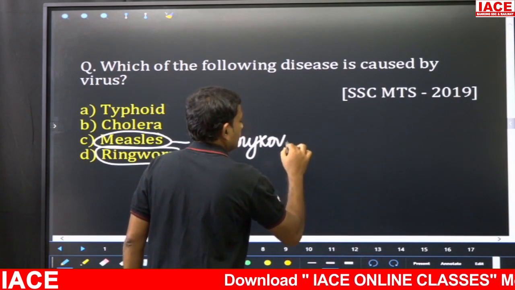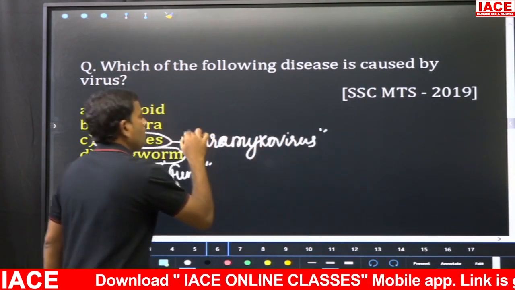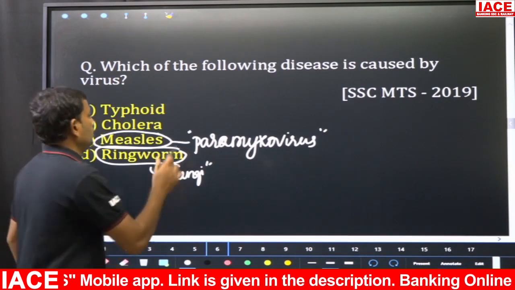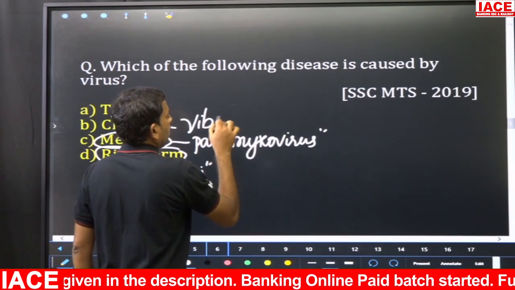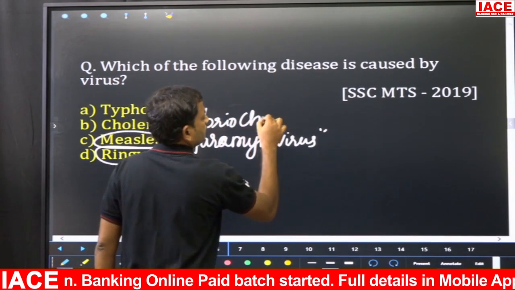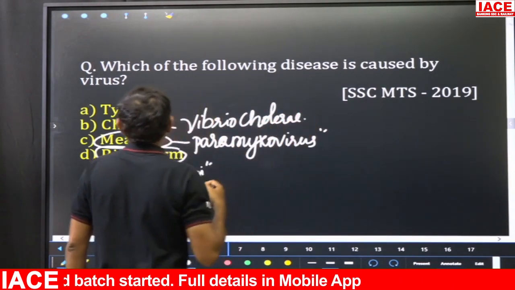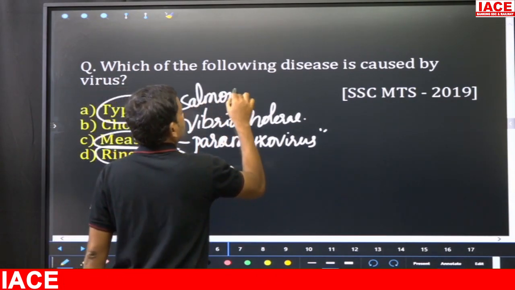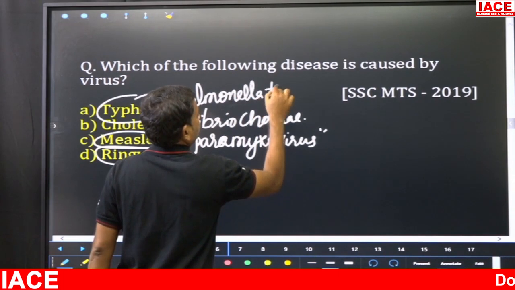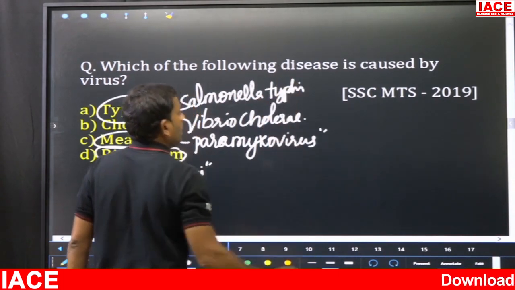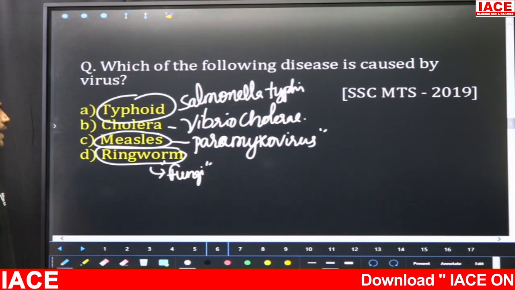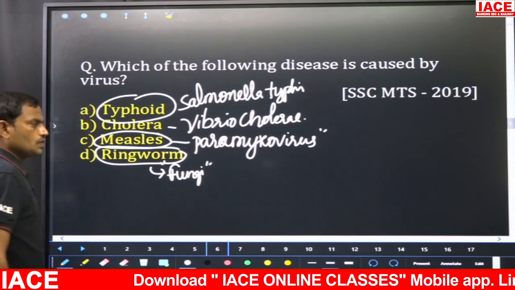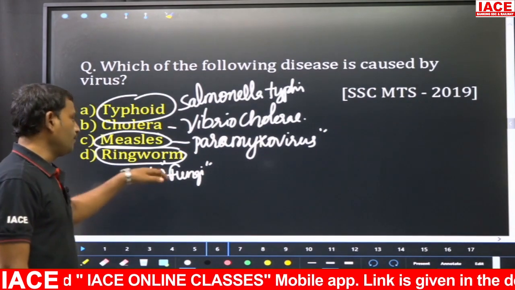Now cholera is caused by Vibrio cholerae, which is a bacterium. And typhoid is caused by Salmonella typhi, which is also a bacterium. So Salmonella typhi is the bacterium that causes typhoid, Vibrio cholerae is the bacterium that causes cholera, and ringworm is caused by fungi, either Microsporum or Trichoderma.